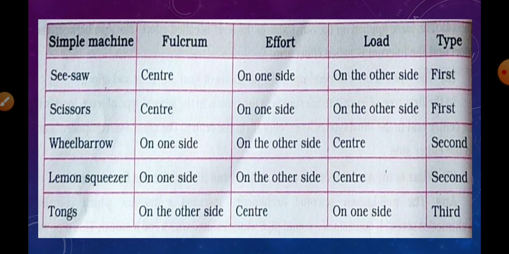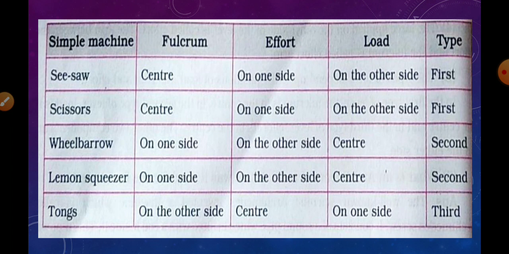Scissors. In scissors also fulcrum is in the center. Effort on one side, load on the other side. This is also the first type of lever. And then wheelbarrow: fulcrum on one side, effort on the other side, load is in the center. This is the second type of lever.